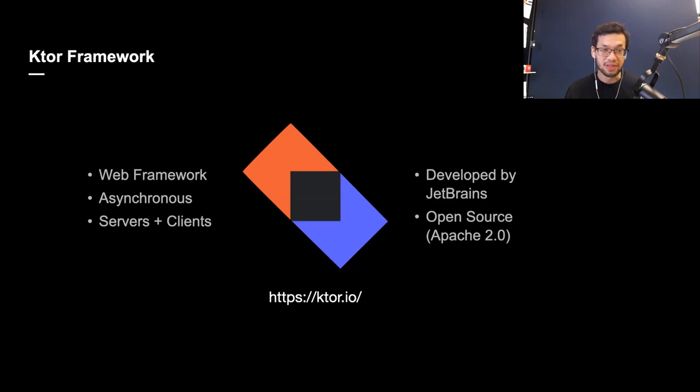It's a web framework that has both a server-side component and a client-side component. For the server side, you can use Ktor to develop a web API or web page. And for the client side, you can use the Ktor HTTP client to make HTTP requests and get the response from another server.